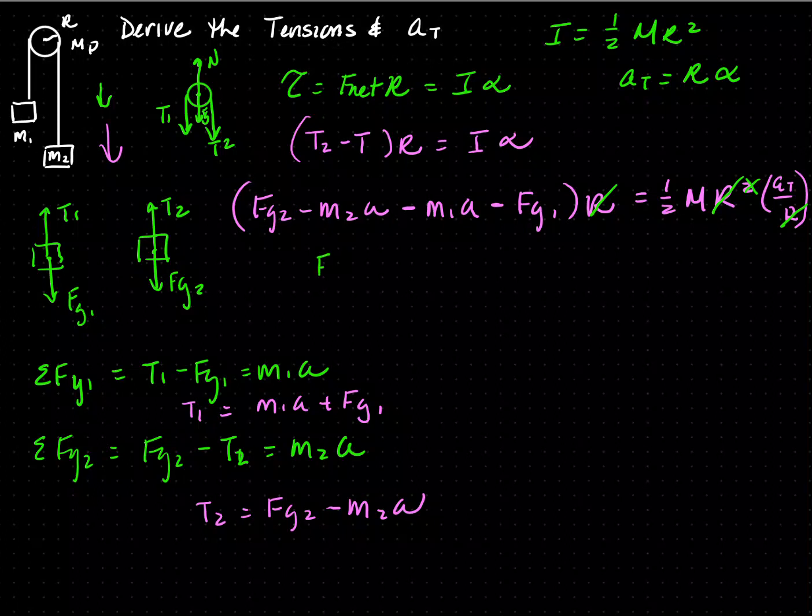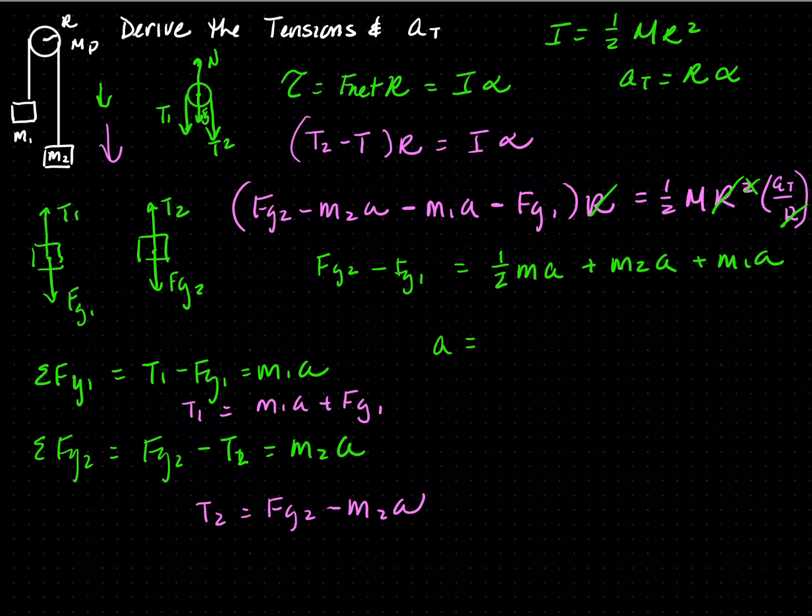So this becomes Fg2 minus Fg1 is equal to 1/2 ma, my tangential acceleration, plus m2a plus m1a. I need to factor out an a and then divide everything by the masses.